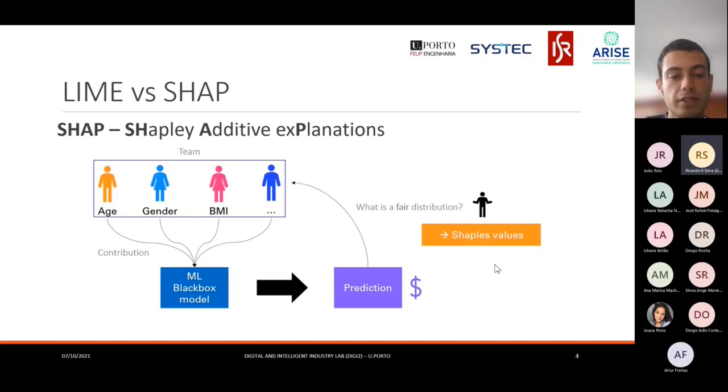There is Shap, which is basically what I just explained. And there is also kernel Shap, which is kind of a mix between Lime and using Shapley values. The kernel Shap usually tends to be more accurate, but it also takes much more time to execute. And Shap also obtains fairly good results.